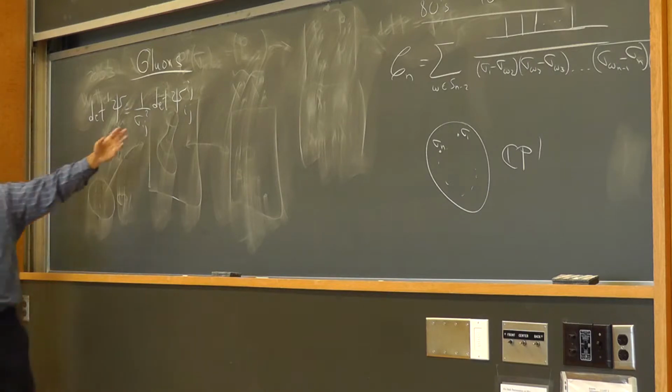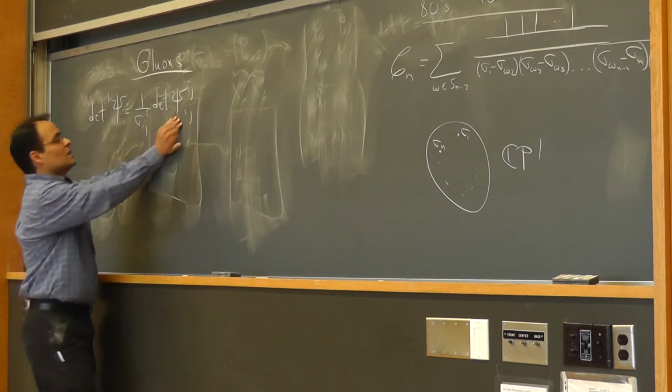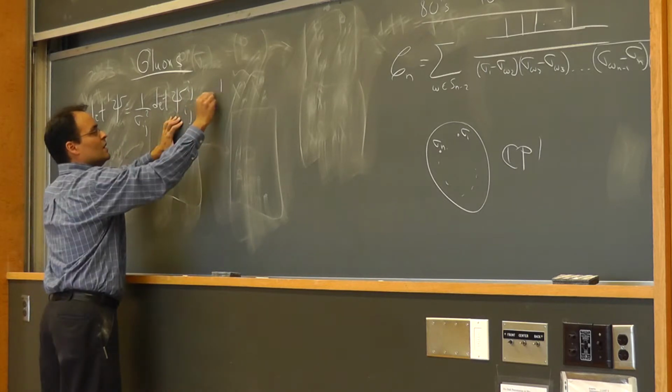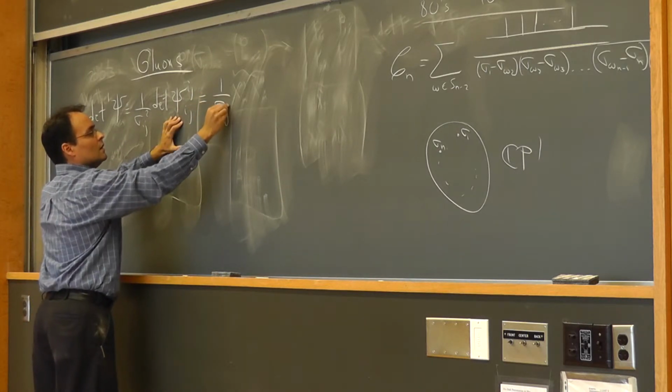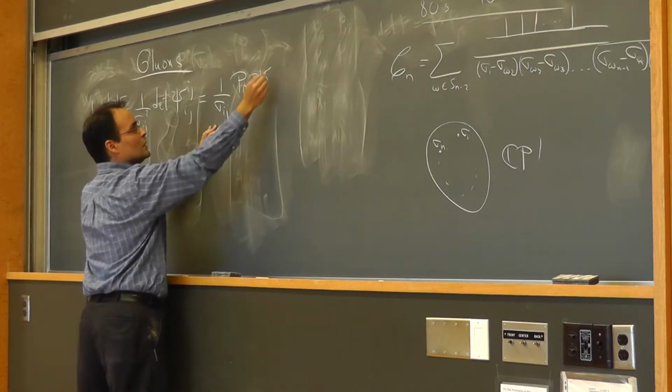So this matrix is still antisymmetric. And as I told you, for any antisymmetric matrix, the determinant is the square of something called the Pfaffian of the matrix.